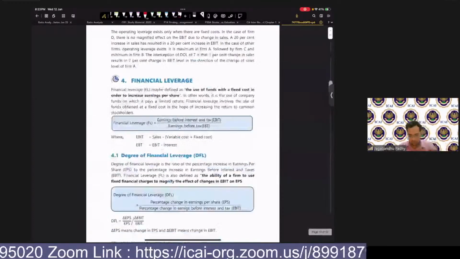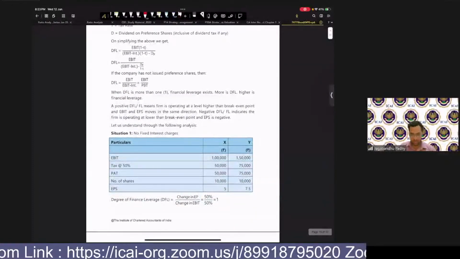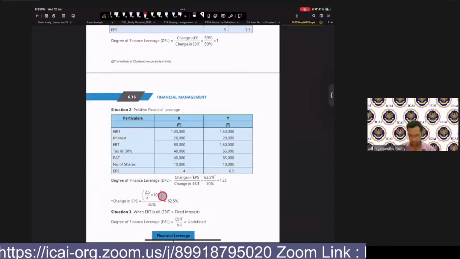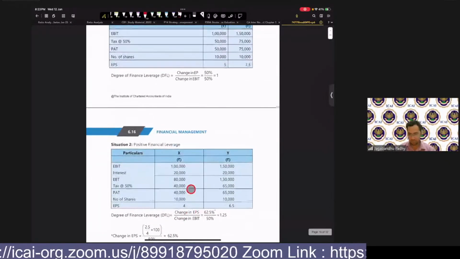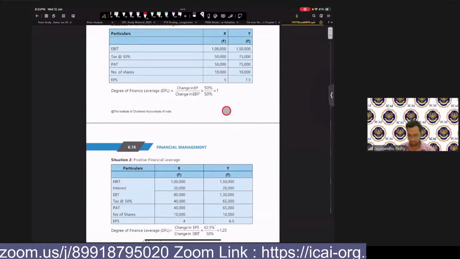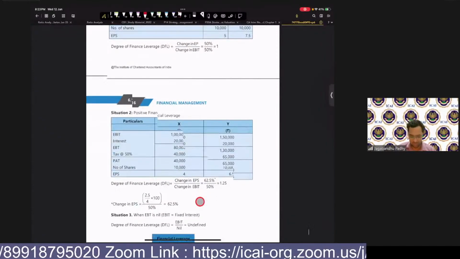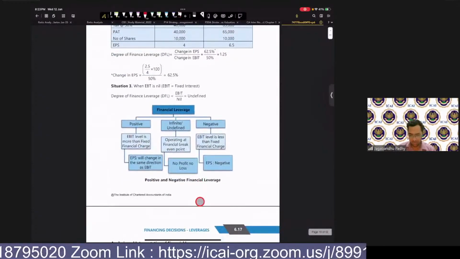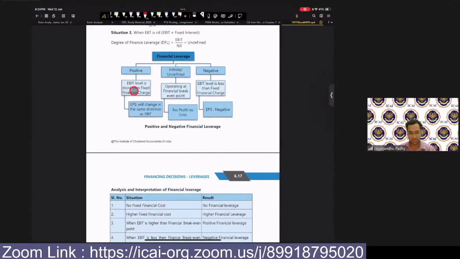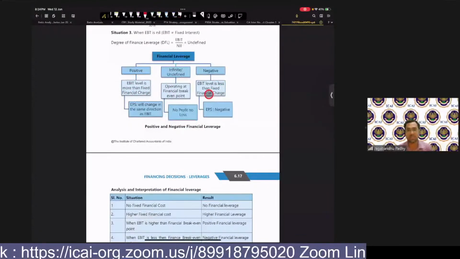When you're talking of positive financial leverage, it's the percentage change in EPS, and when that acts as a favorable situation for you, that's positive. If it's not, then you say that's going to be negative. You can say positive is when the EBIT level is more than the fixed financial charge. Negative is when the EBIT level is less than the fixed financial charge.